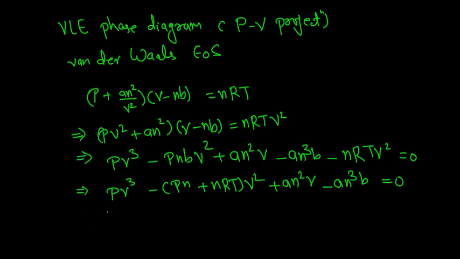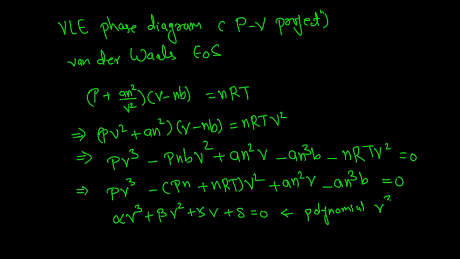Therefore, this equation is of the form alpha V cubed plus beta V squared plus gamma V plus delta equals 0, which is a cubic polynomial in V. Obviously, when we solve this, we will get three solutions of volume.